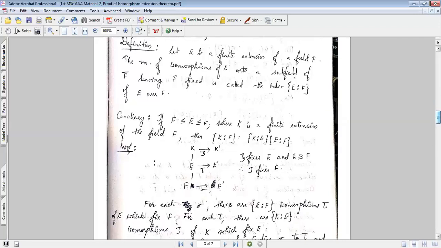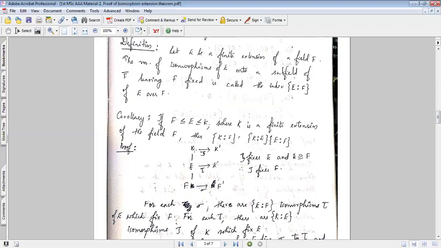From F to F dash, you have an isomorphism sigma, and E is an extension of F, and you have tau from E to a subfield of F dash closure.